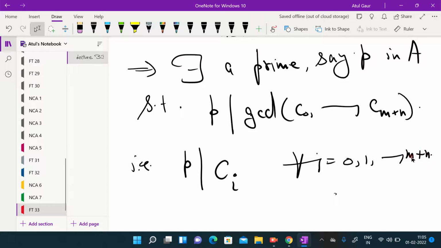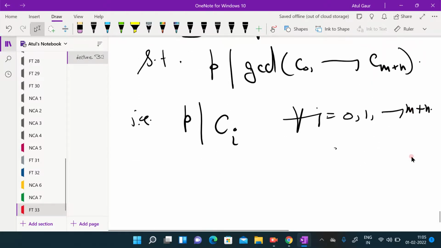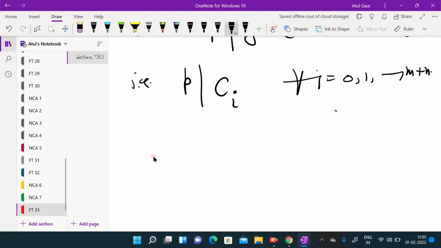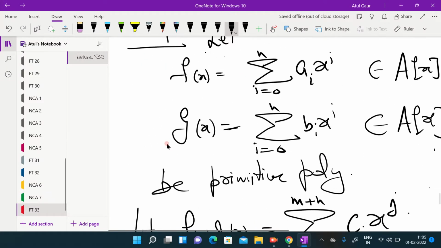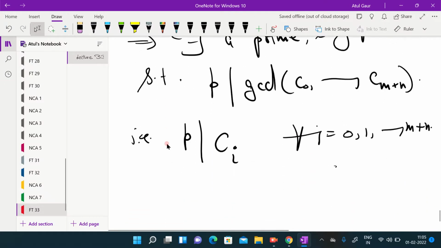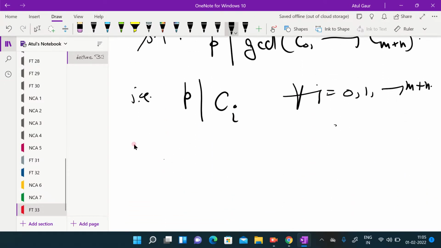And the point is कि P, fx is primitive, that's what we said. Fx and gx both are primitive. So that means कि P ai को डिवाइड नहीं कर सकता सारे, as fx and gx are primitive.